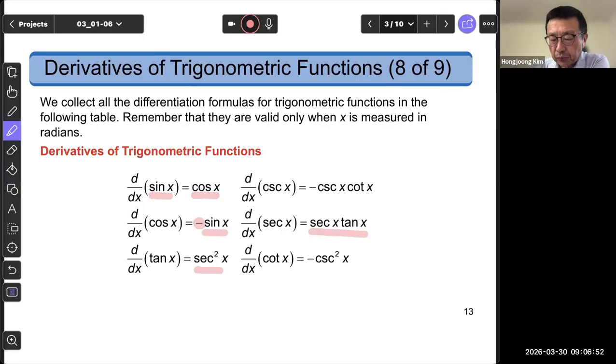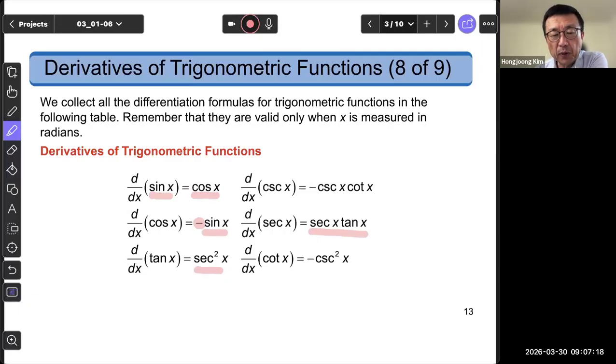After the midterm, we will consider a little bit of integration, and at that point, these differentiation formulas will be used again. So if possible, you need to memorize them.